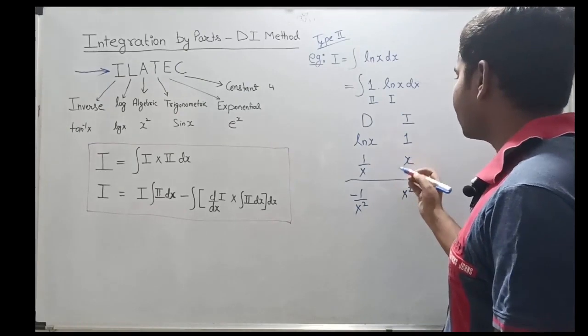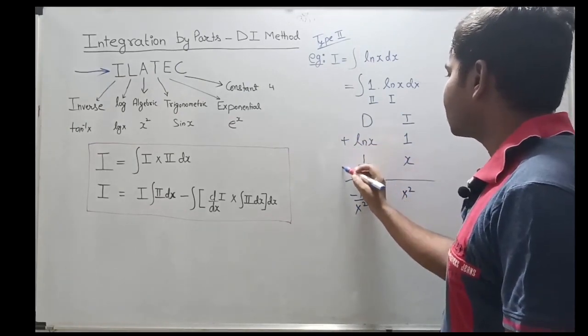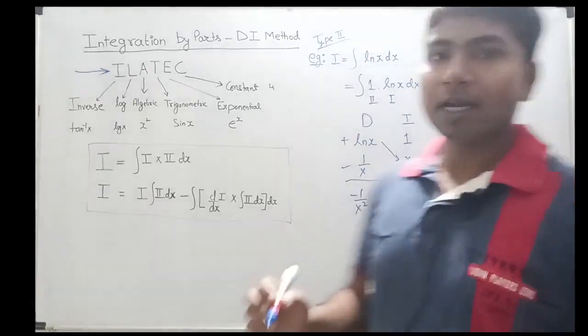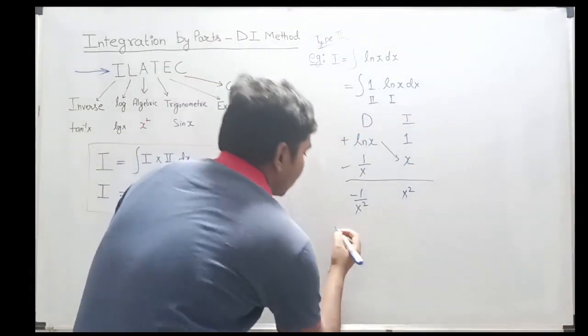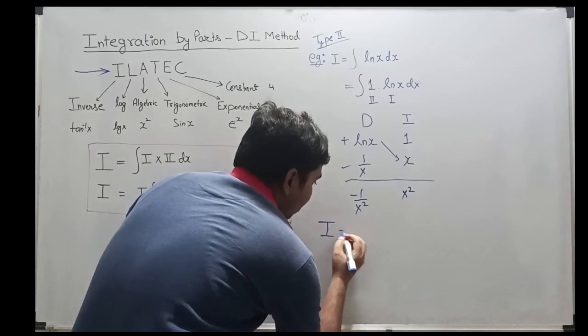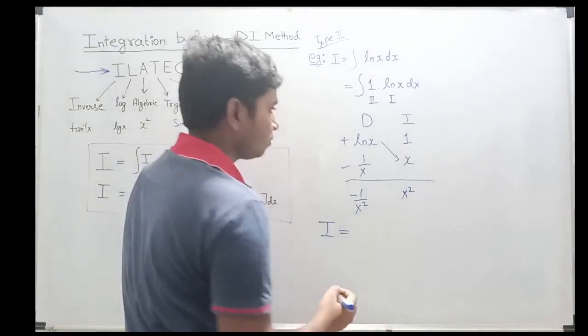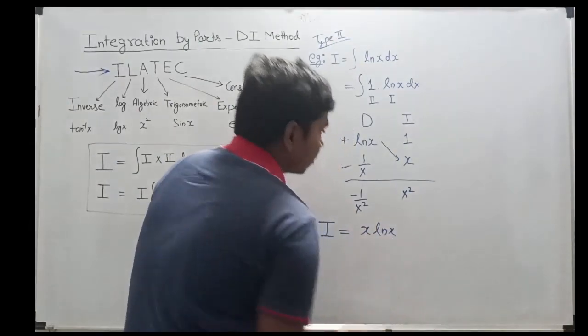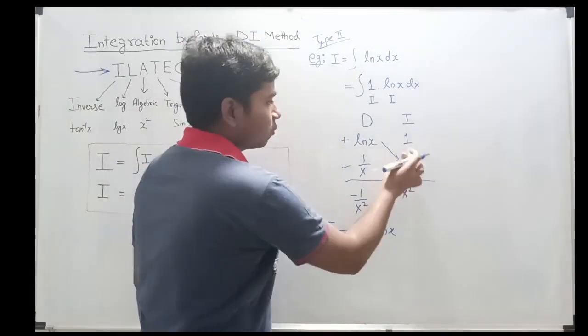Again, we will do the same thing: first plus, then minus, and then we have to multiply this. So our integration will be like this. I is equal to x ln x. Then we have to multiply.